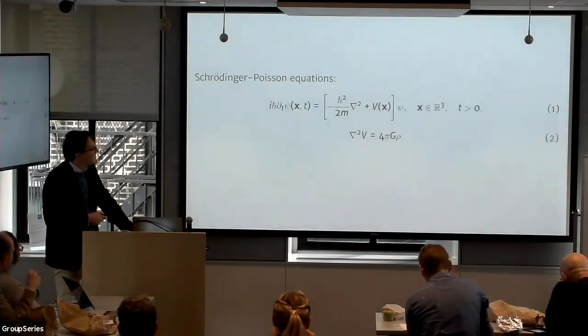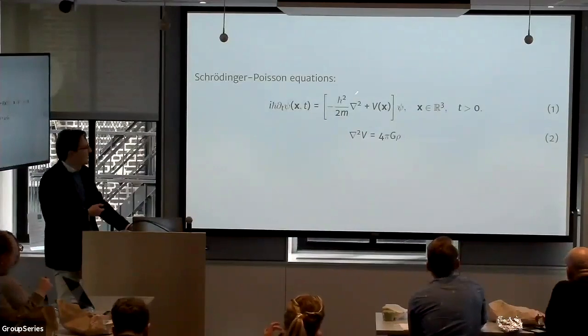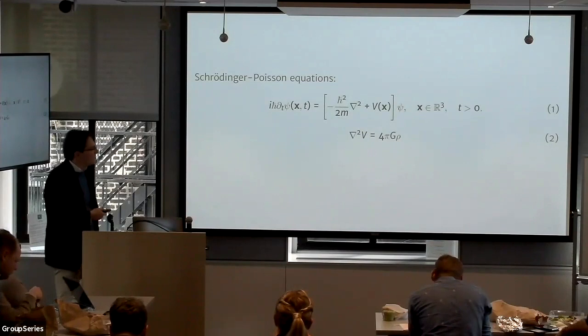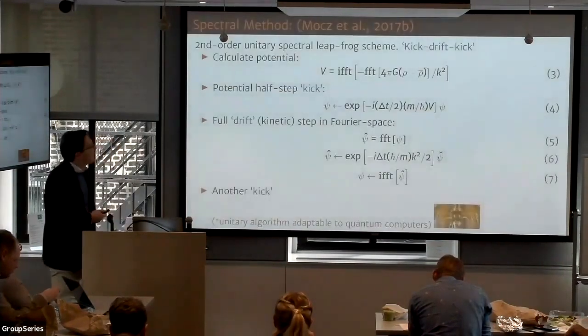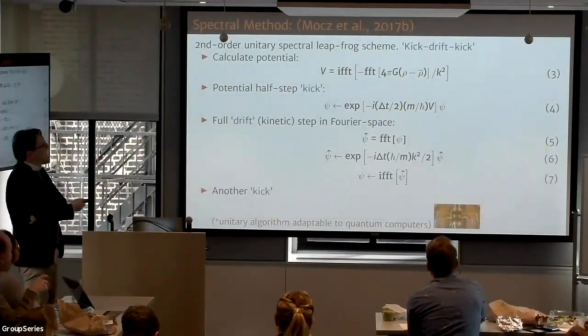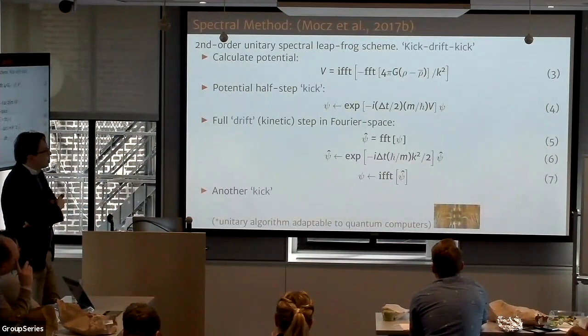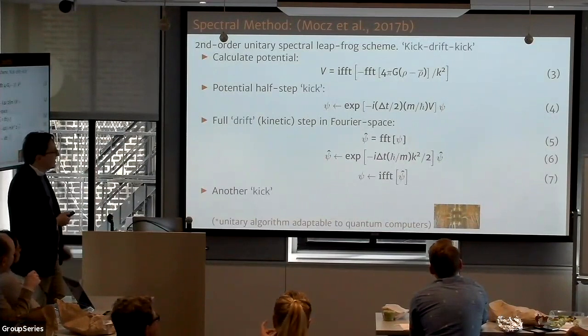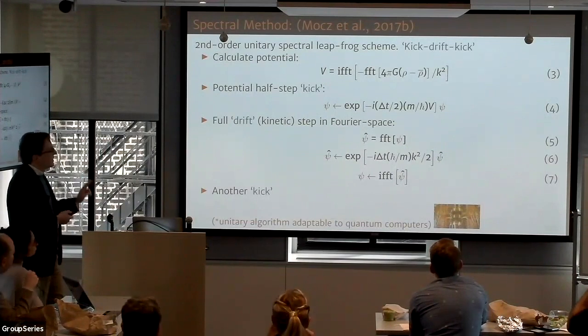Very simple to evolve. So if we convert to Fourier space, then these nabla squared operators just become k squared, and you can evolve your simulation using a series of Fourier transforms. And you can split the effect of the potential and the effect of the kinetic operator into two steps. They don't commute, so you'll have some second order error in time.